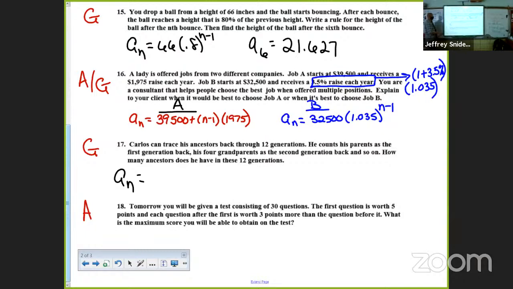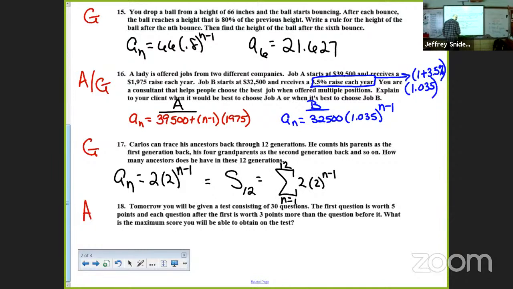2 times 2 to the n minus 1. All right? So then you're asked to find S sub 12. If I wanted to use Desmos and do summation or sigma notation, this would be n equals 1 to 12 of that rule, 2 times 2 to the n minus 1.